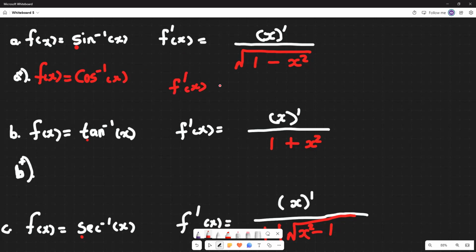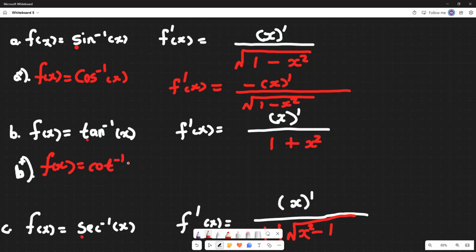The derivative of this is exactly the same as that, but with a negative on top, because it's a co-function. For this one, the f of x will be cot, because it's CO, then you take t. So for cot x, the derivative will be the same as this, you just put a negative on top: 1 plus x squared.